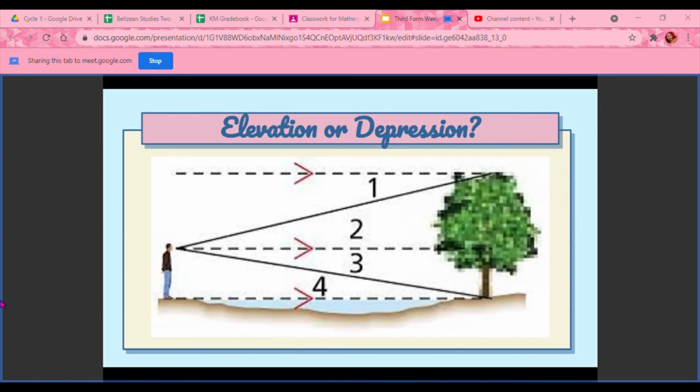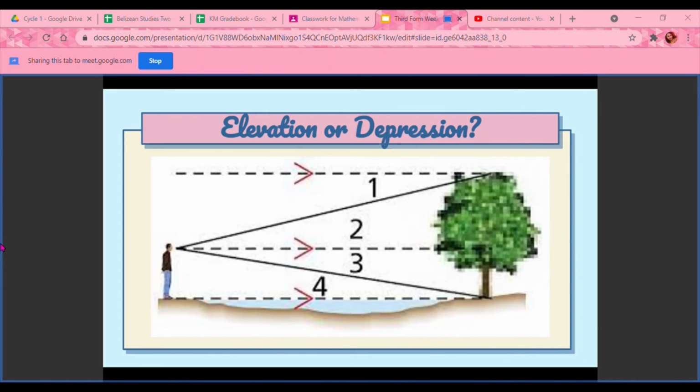Alright? So now what you guys are going to do is that for each picture, I am going to say elevation or depression. If you look at this picture and I say elevation, you have to give me the numbers that are showing an angle of elevation.